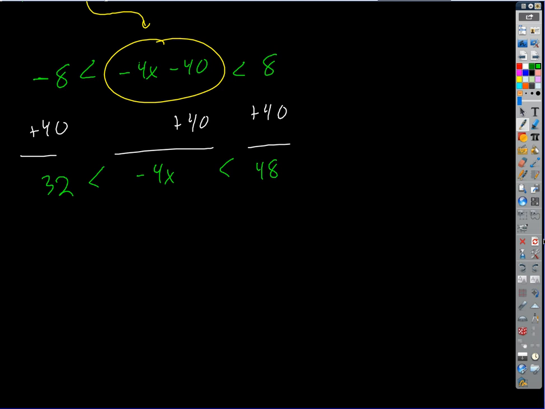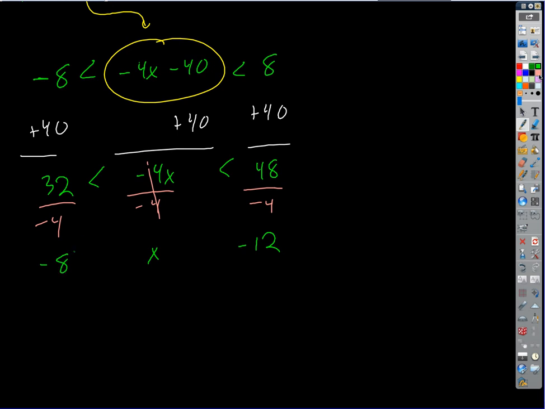Now I'm going to divide everything by negative 4. So those cancel. So I've got my x, 48 over negative 4 is negative 12, 32 over negative 4 is negative 8. What do I got to do?